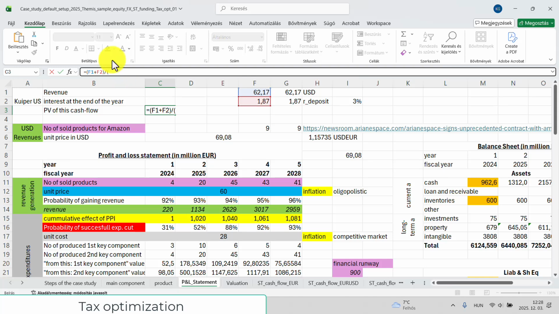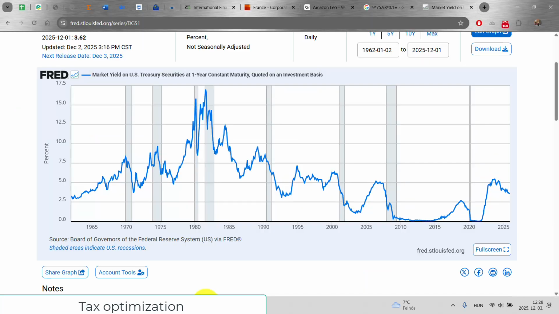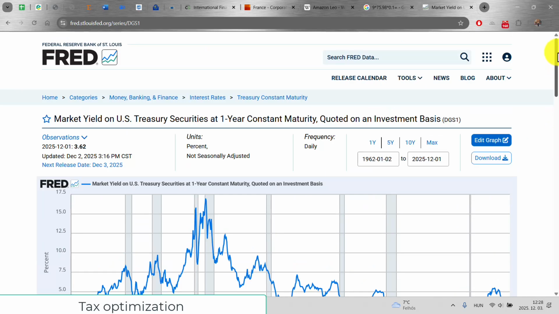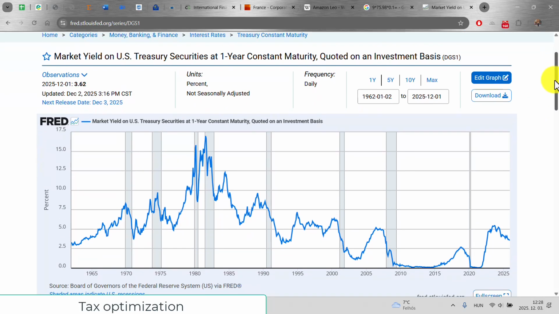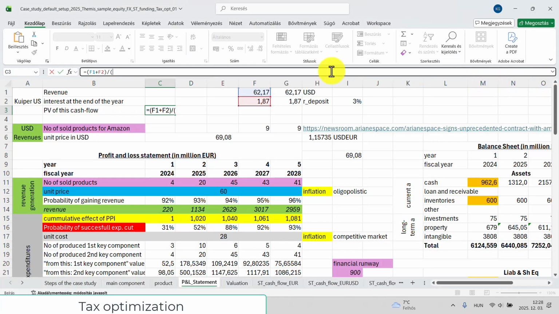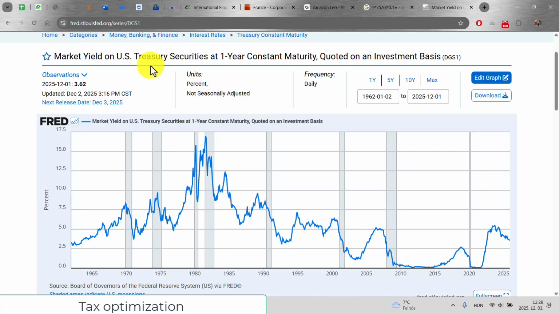The simplest way is that we have to go for the yield curve in the US, and we just have to see that at the current yield curve, what is the yield for the fourth year, what is the yield for the fifth year, and then we are just taking these interest rates and using them as a discount rate. Not the best approach, but this is the information we can have.